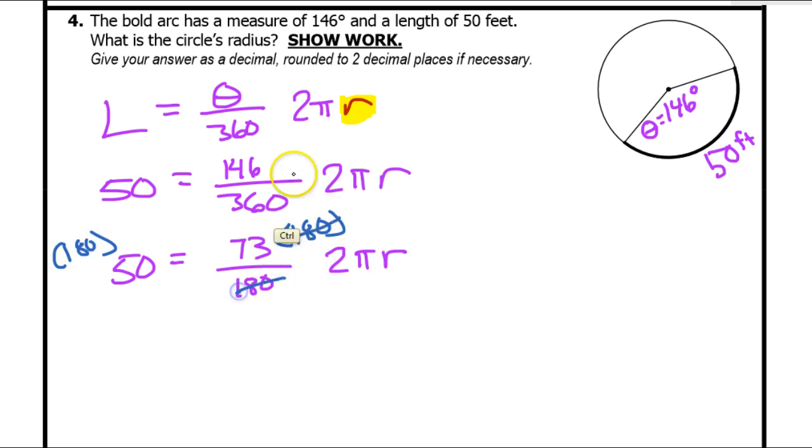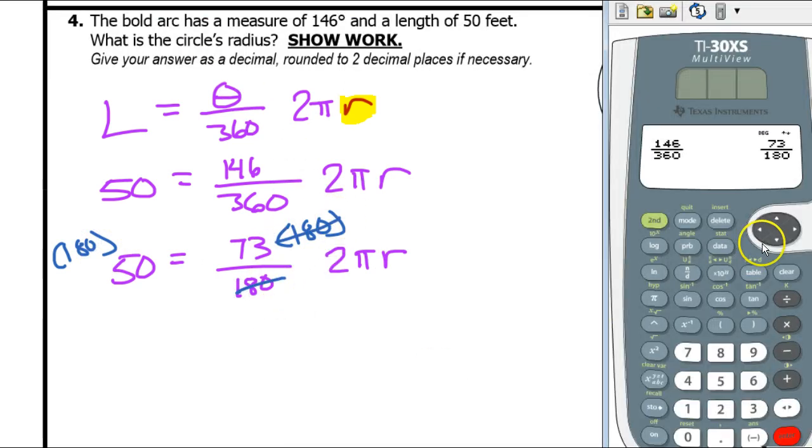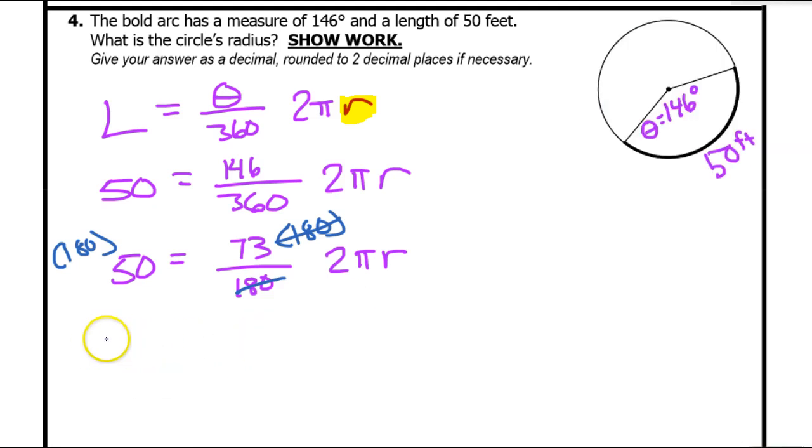So the 180s will cancel each other out. I now have 9,000 is equal to 73 times 2 pi r.